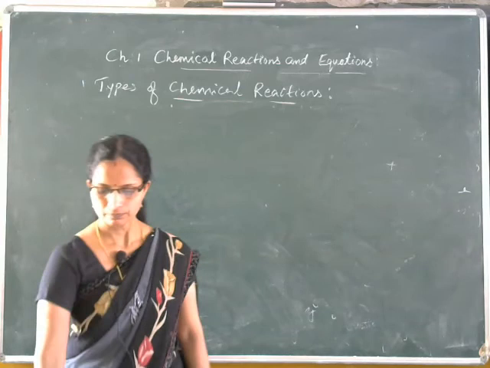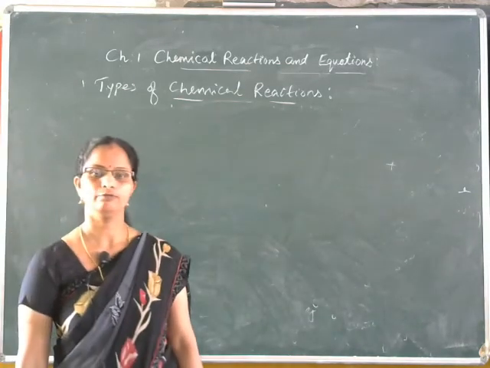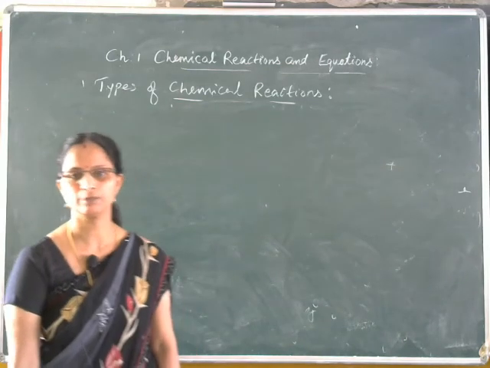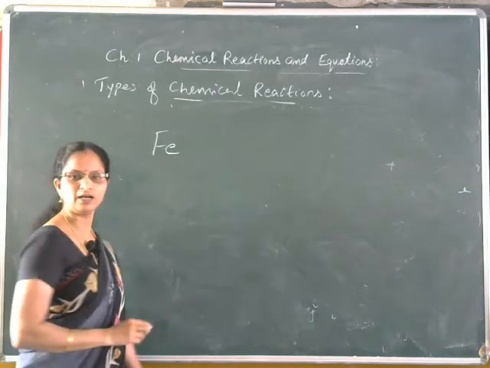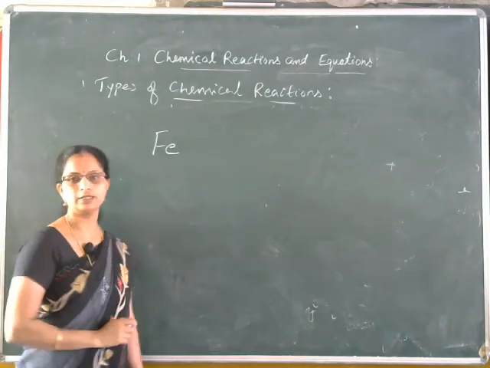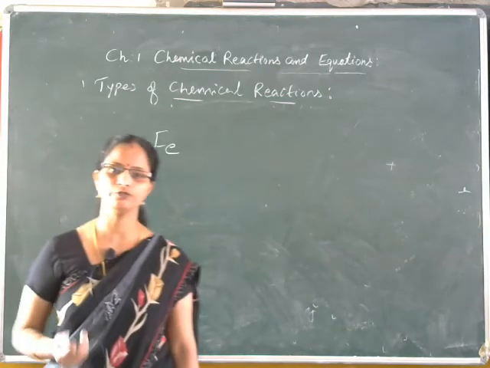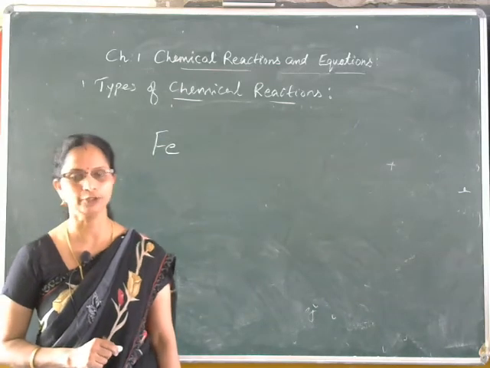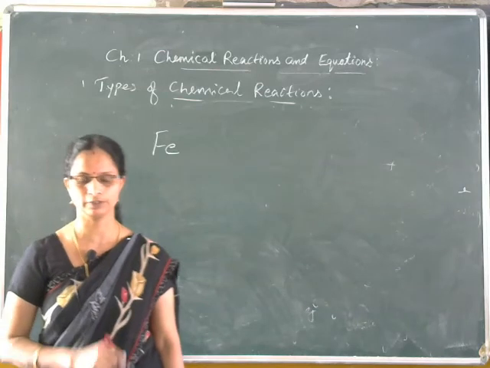We know when iron particles are left open for a long time, they react with moisture and oxygen present in the air, and we say that the iron particles are rusted. That means the quality of the iron has been lost. Some flaky substances are produced on the surface of the iron which get removed continuously, and the quality of the iron is reduced, which causes a lot of destruction to construction activities.